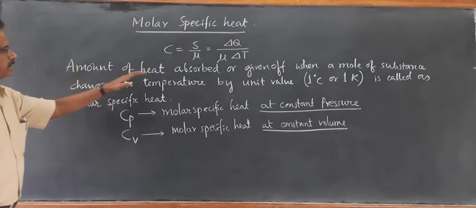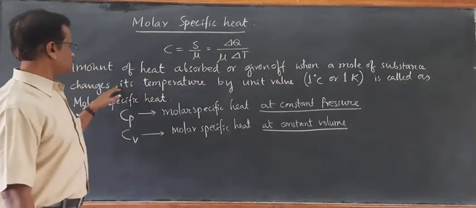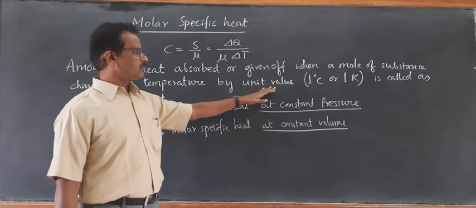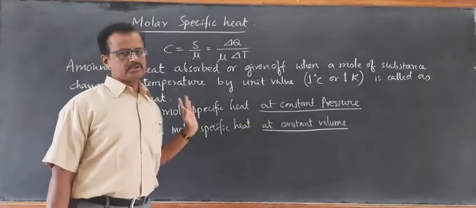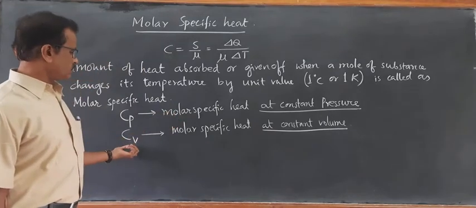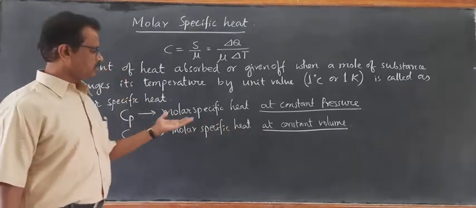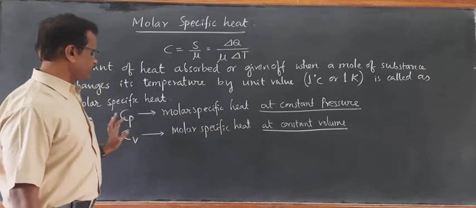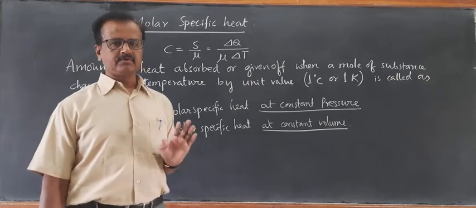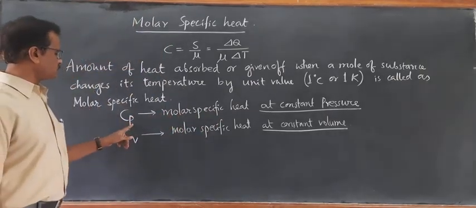Amount of heat absorbed or given off when a mole of substance changes its temperature by 1 Kelvin or 1 degree Celsius, keeping volume constant, is called molar specific heat at constant volume. Later on, we are going to relate Cp and Cv. This is for molar specific heats at constant volume and constant pressure.